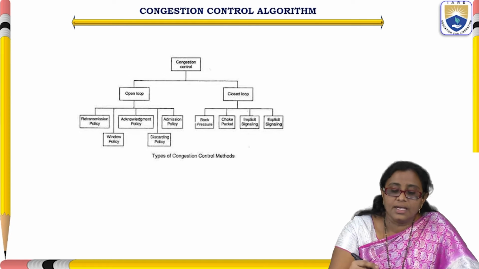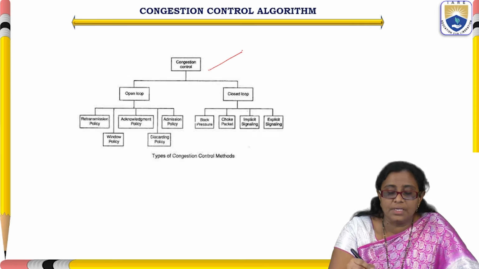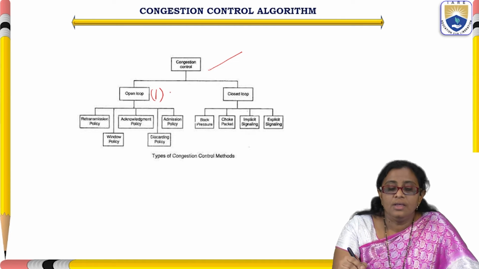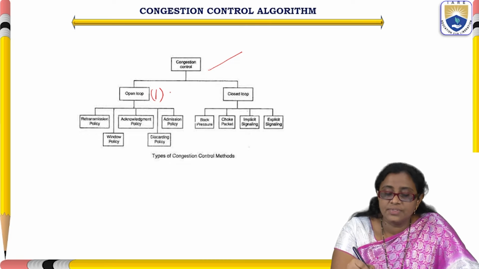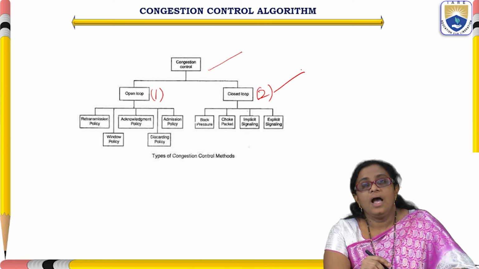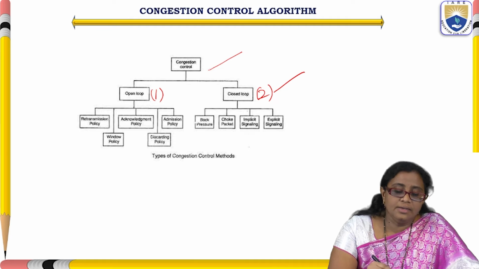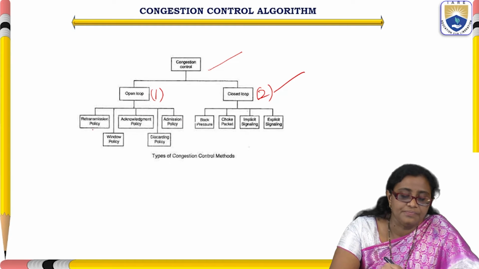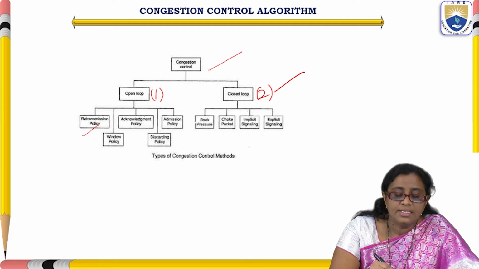Mainly, congestion controlling algorithms can be classified into two types. The first one is the open loop congestion control algorithm. The second one is the closed loop congestion control algorithm. Under the open loop, it is again divided mainly into three types. The first one is the retransmission policy. The second one is the acknowledgement policy. The third one is the admission policy.